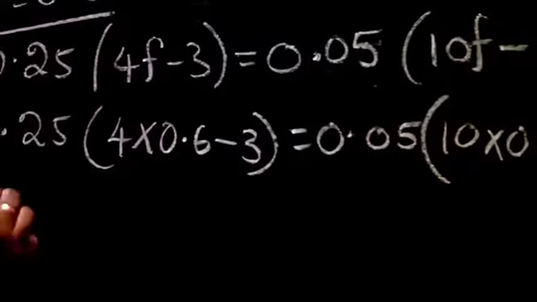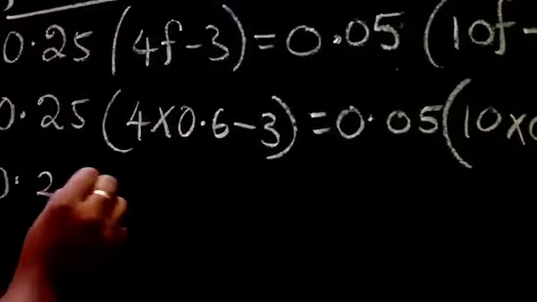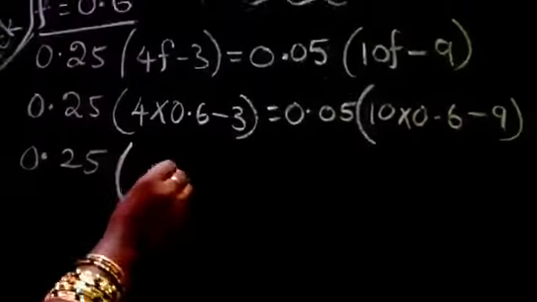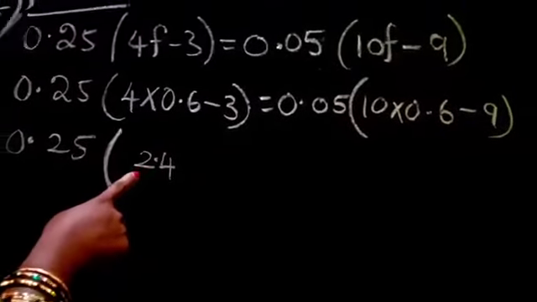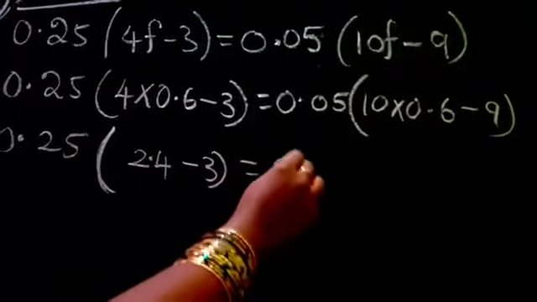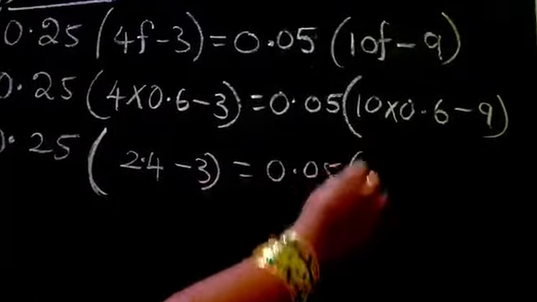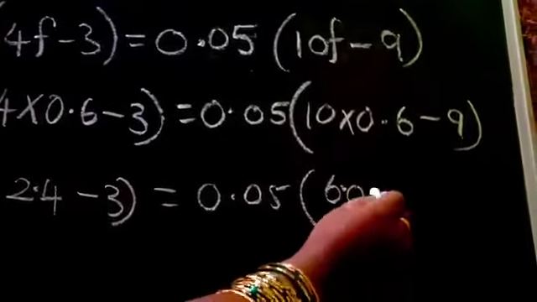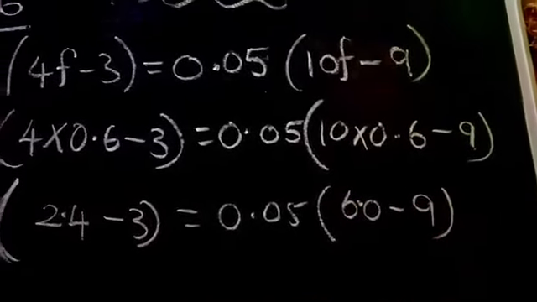So here we have 0.25, 4 into 6, 24. 1 digit before we have to keep the point. So 1 digit before means 2.4 minus 3. Here 0.05 into 10 into 6 will get 60. 1 digit before we should keep the point. Here 1 digit before we are keeping the point, minus 9 we have.